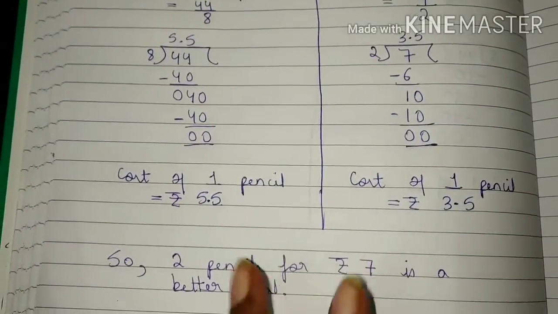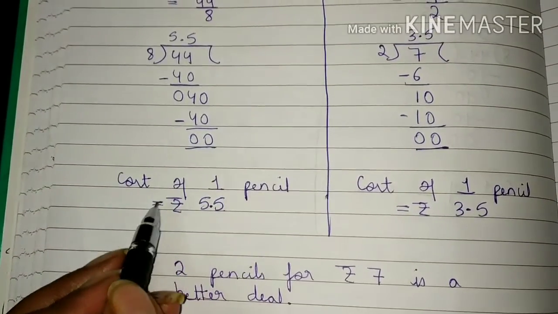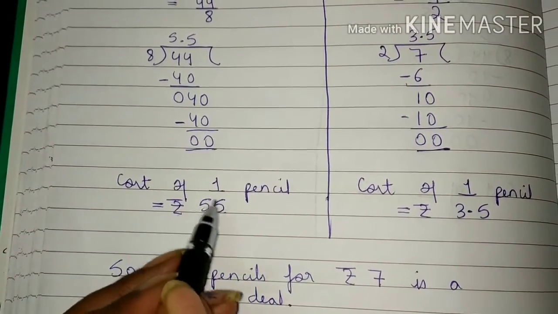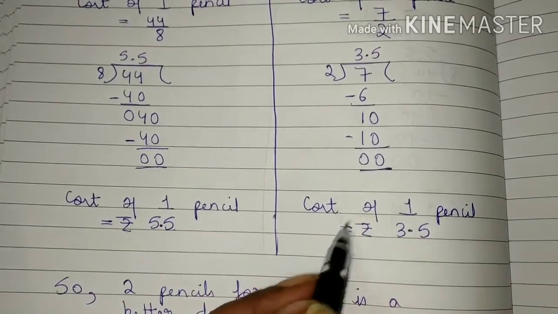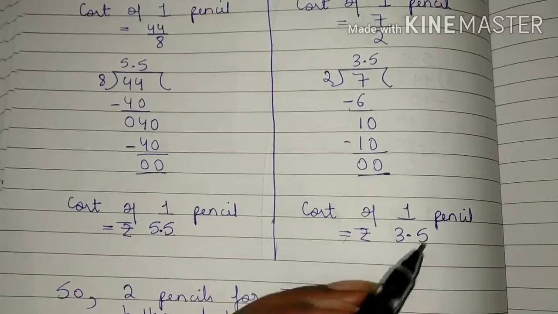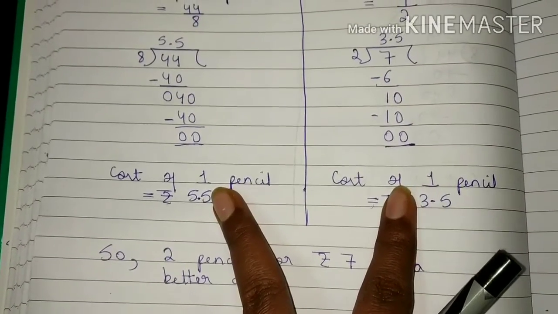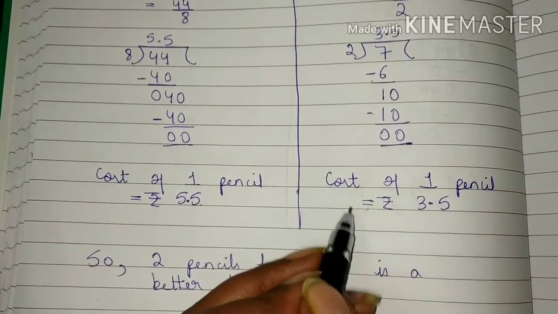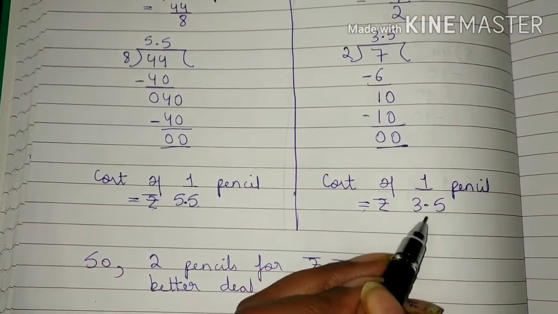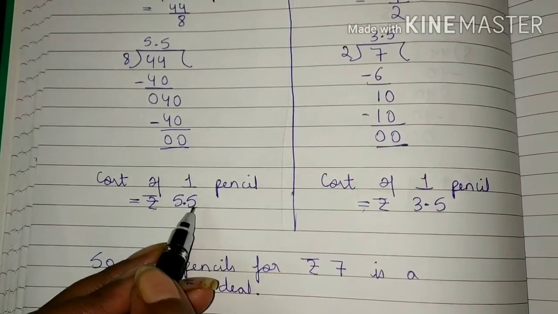Now students, here cost of one pencil is rupees 5.5. Here cost of one pencil is rupees 3.5. When you compare these two deals, you will see that here cost of one pencil is rupees 3.5, which is less than rupees 5.5.